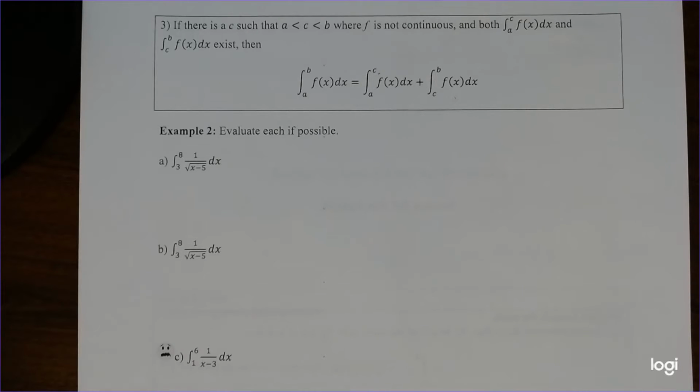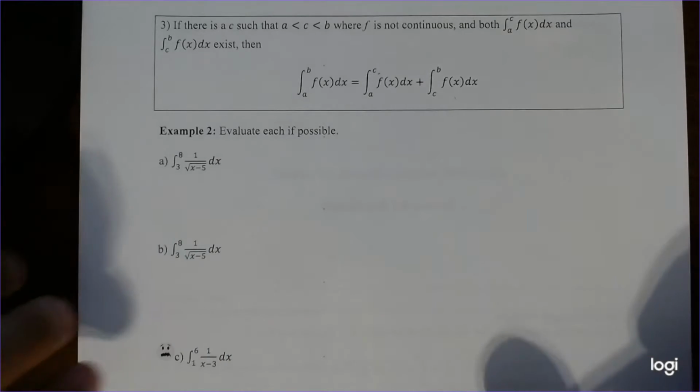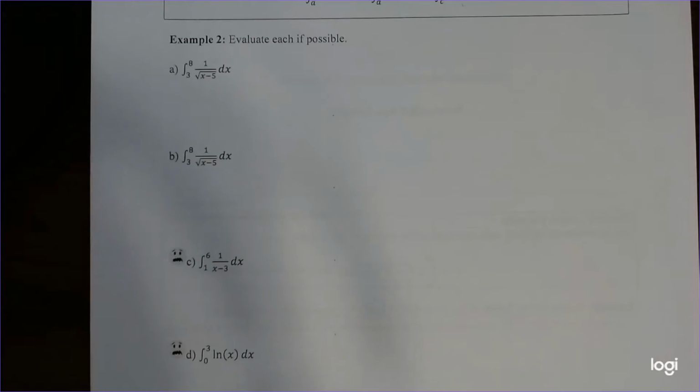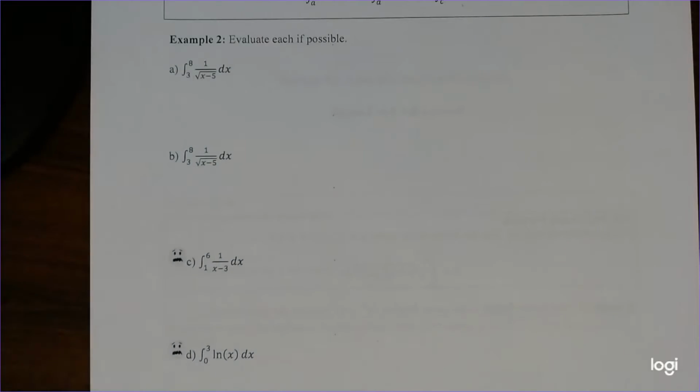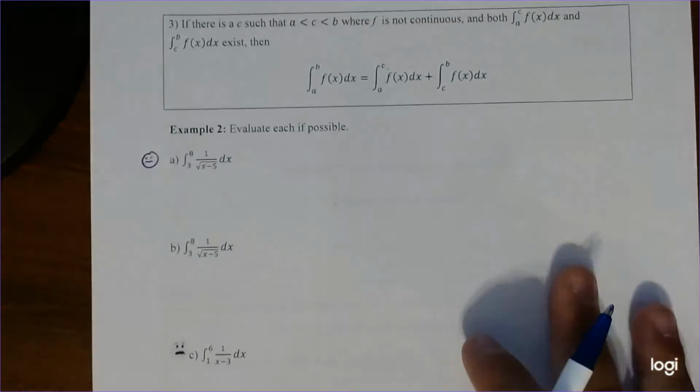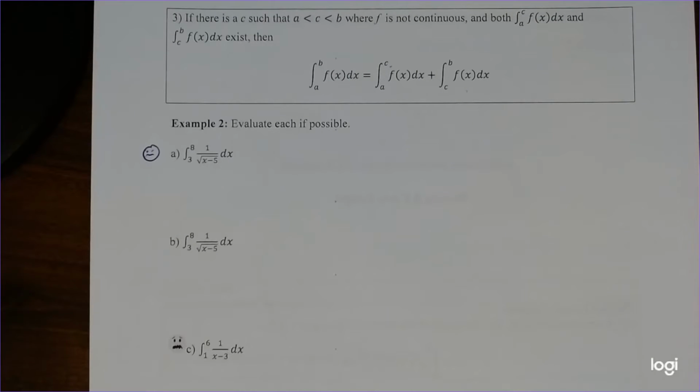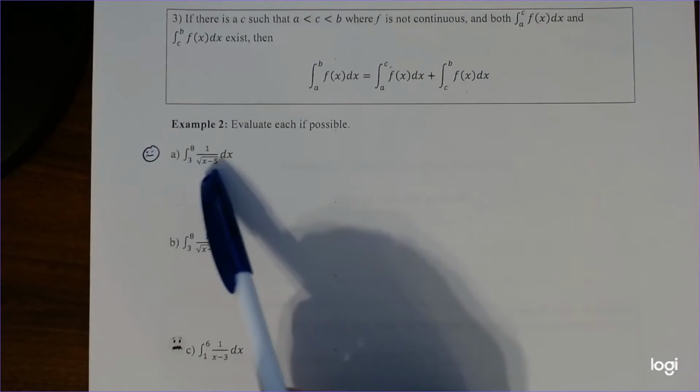Okay. So let's try some examples so you can see how those work out for each individual case. I'll give you one right off the bat using part 3 here. So you evaluate each of the possibilities. Let's first look at the boundaries. If I plug in 3, we're good, right?